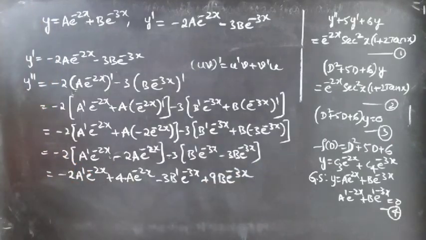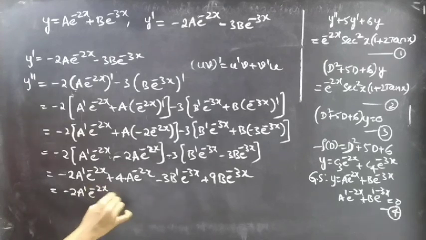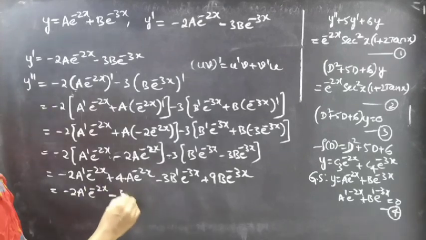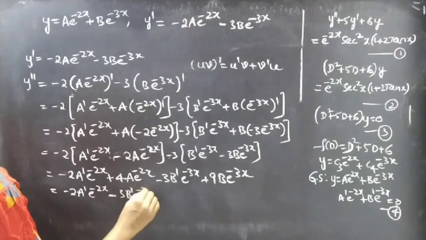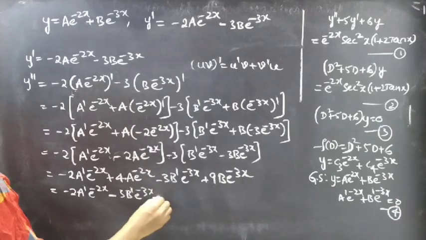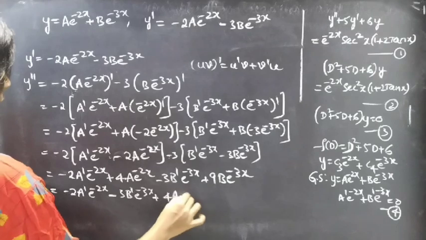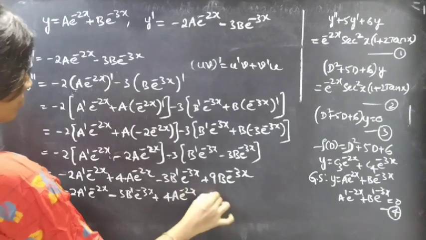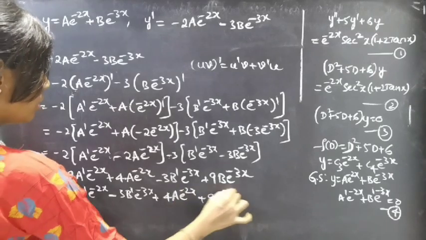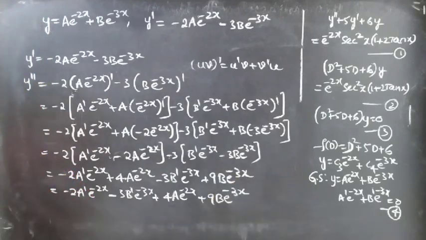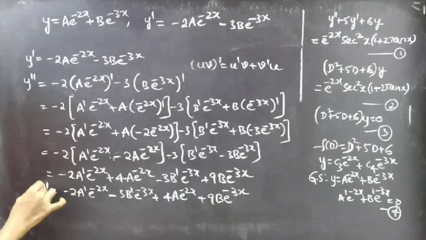Now write the terms: minus 2a dash e power minus 2x minus 3b dash e power minus 3x plus 4a e power minus 2x plus 9b e power minus 3x, right? Which is the required y double dash.